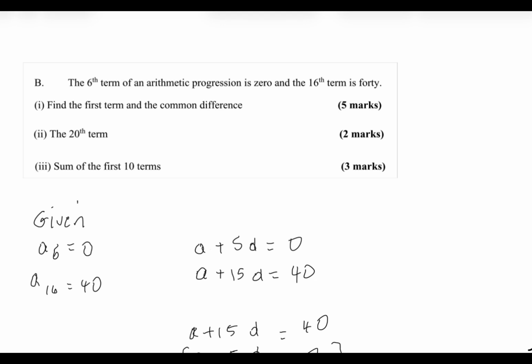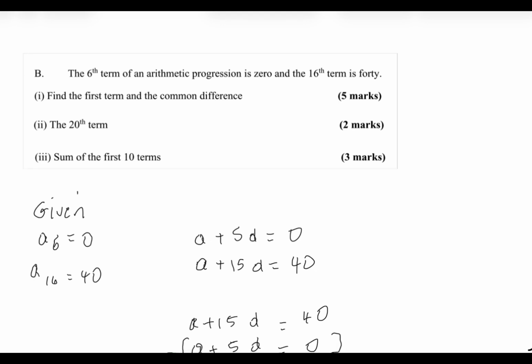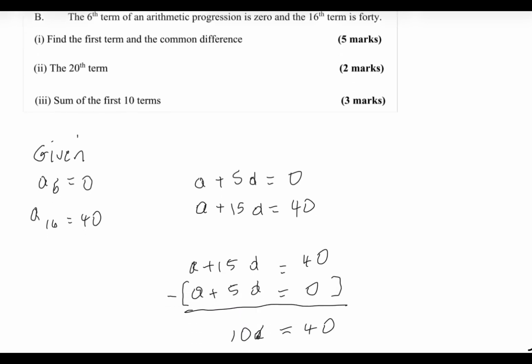We're given that the 6th term, a sub 6, is equal to 0, and the 16th term, a sub 16, is equal to 40. The 6th term is a plus 5d, set that equal to 0. The 16th term is a plus 15d, that's equal to 40. We have two equations in two variables.